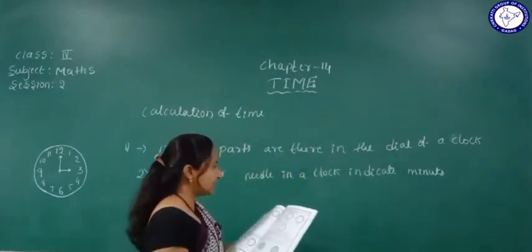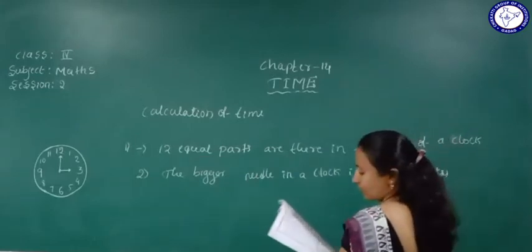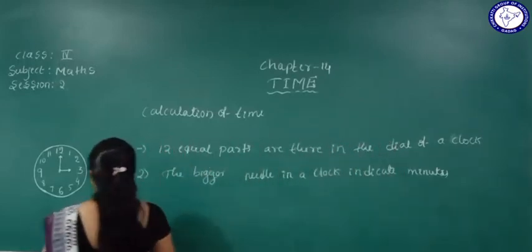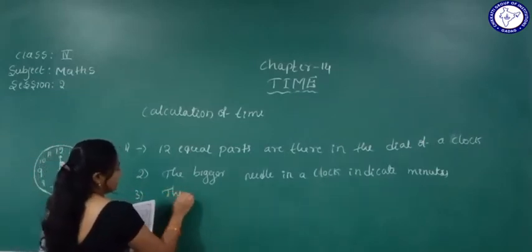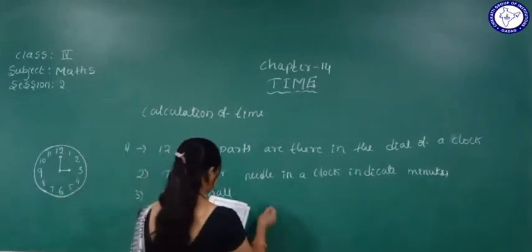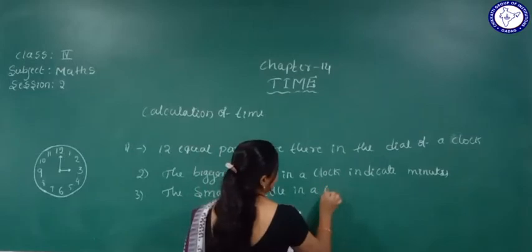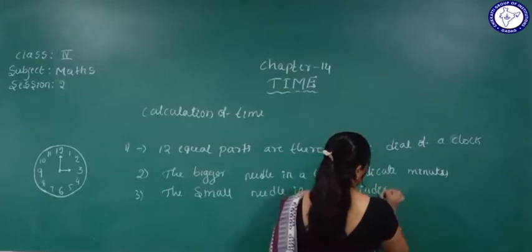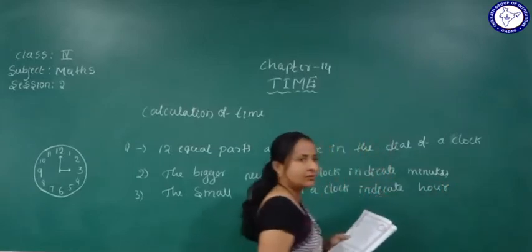And the third one: what does the small needle in a clock indicate? The small needle in a clock indicates the hour.